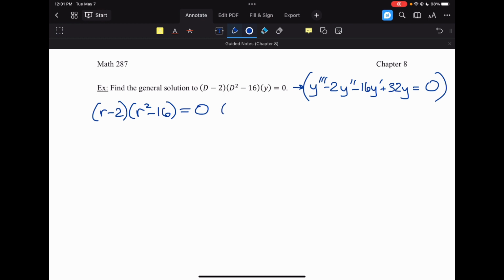So this is our auxiliary equation, and we're trying to come up with solutions to this, which there are 3. Because this is already perfectly factored, we're going to get r equals 2, r equals 4, and r equals -4.